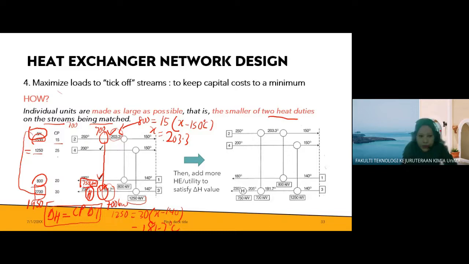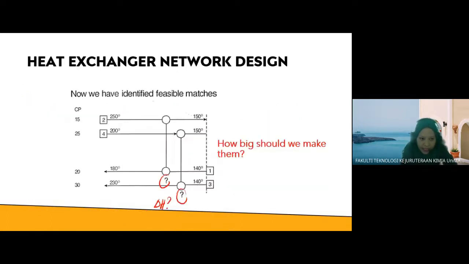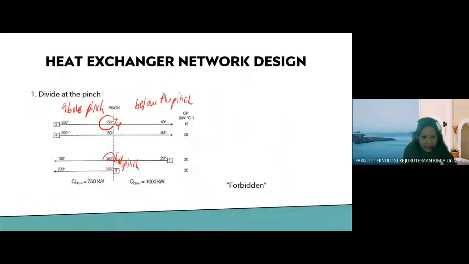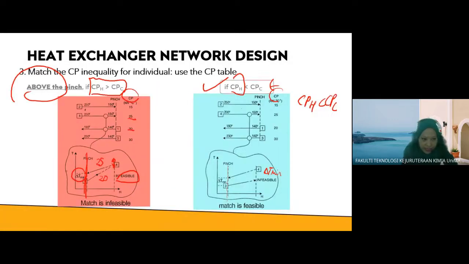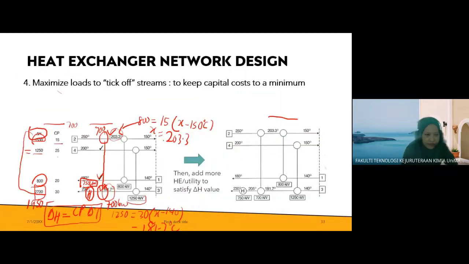And if you check back, the minimum QH min, or minimum heating utility required, is 750 kilowatt, which is the same. Meaning that your design achieves the minimum hot utility required, or you achieve the theoretical QH min that you calculated from the composite curve or problem table algorithm. Okay.